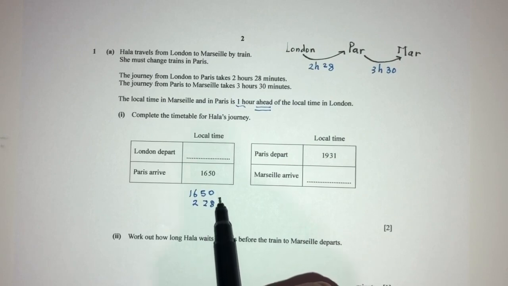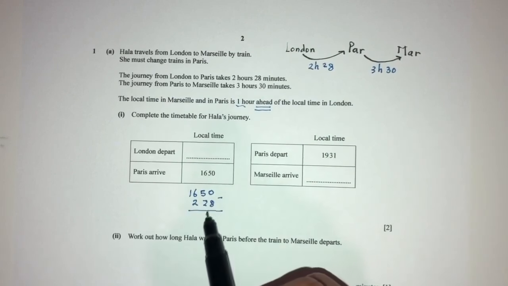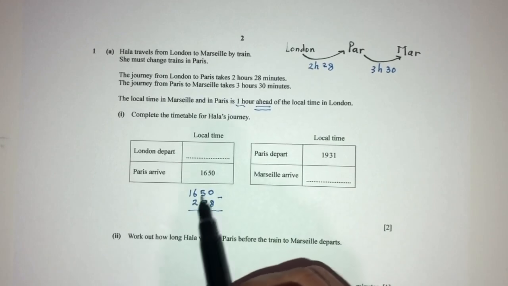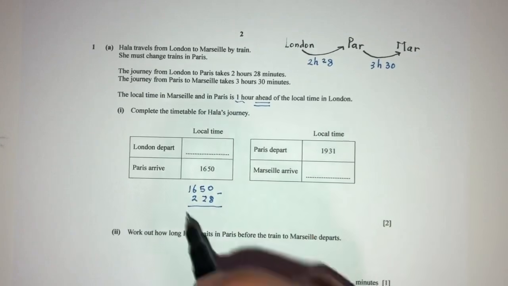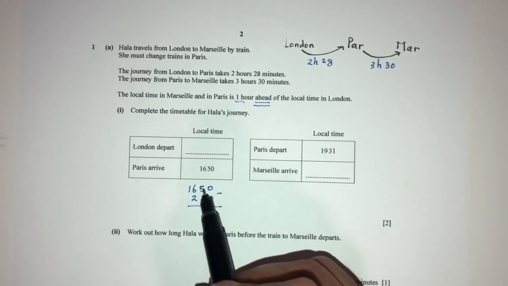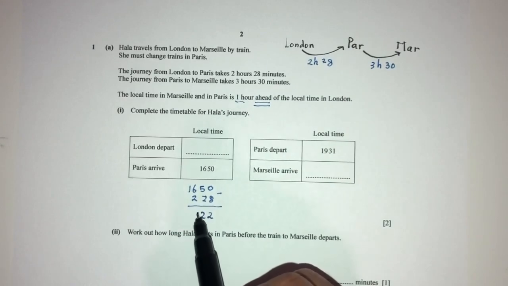So we have to first minus that. That will give me what? 50 minus 28, that should be 22. And then here we have 16, that will be 14.